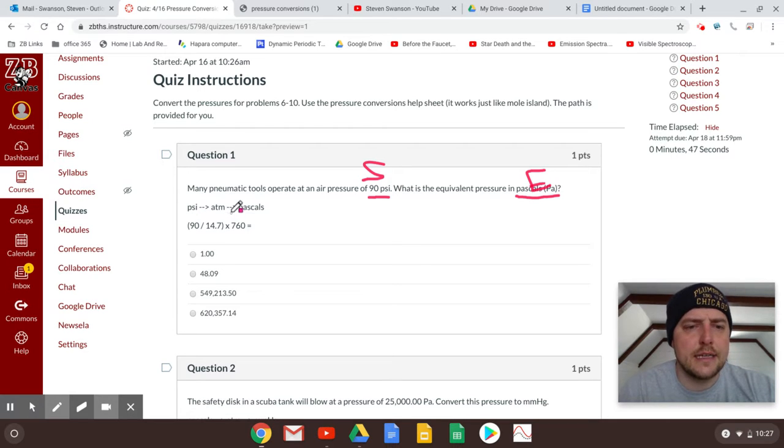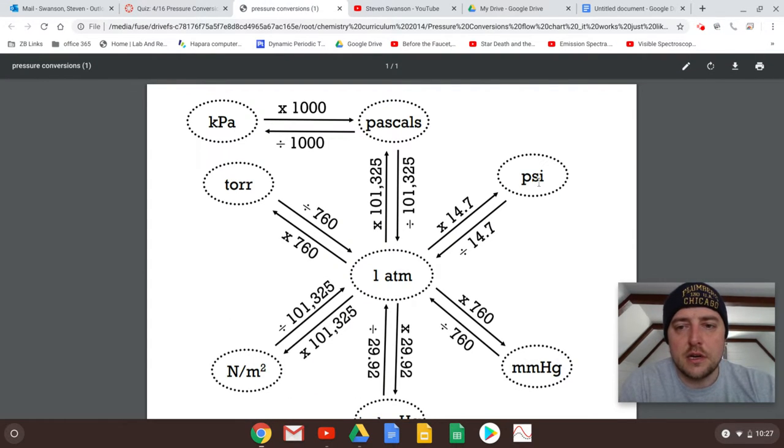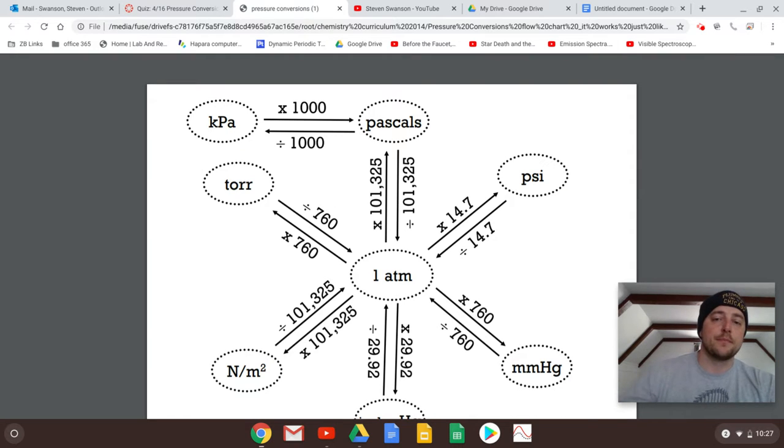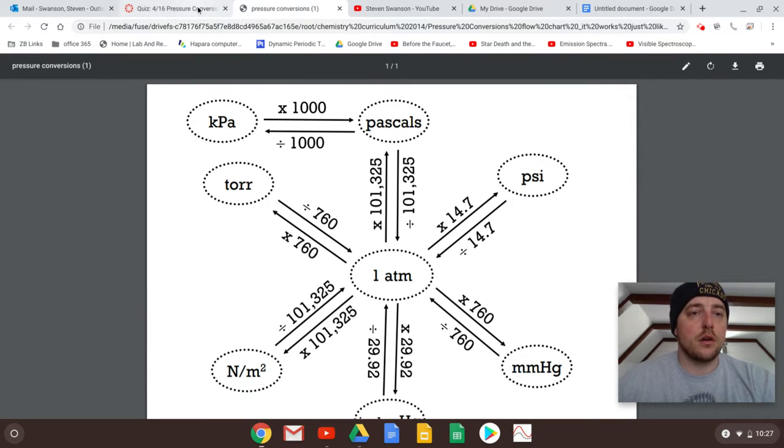So psi to atm to pascals. Let's check the path to make sure that's how it goes. If we started at psi, we would have to go to atm. So psi goes to atm by dividing by 14.7. Atm changes to pascals by multiplying by 101,325. So it's a two-step problem, not the end of the world.